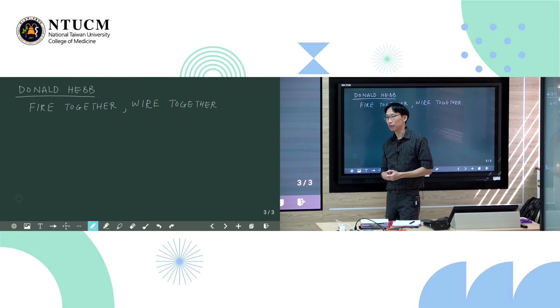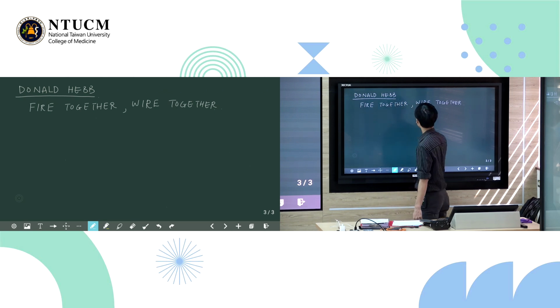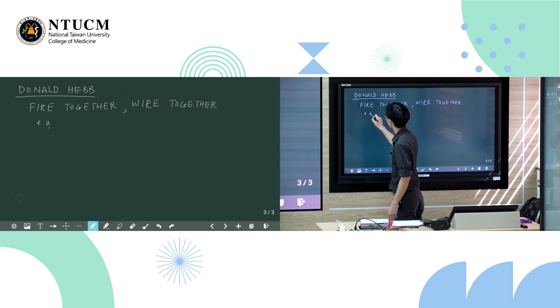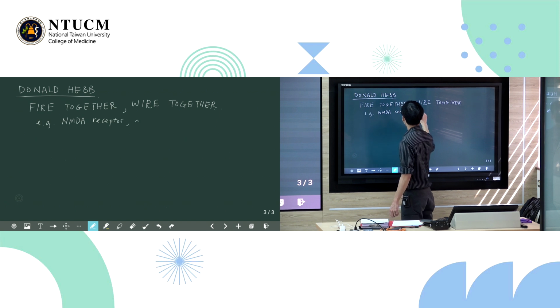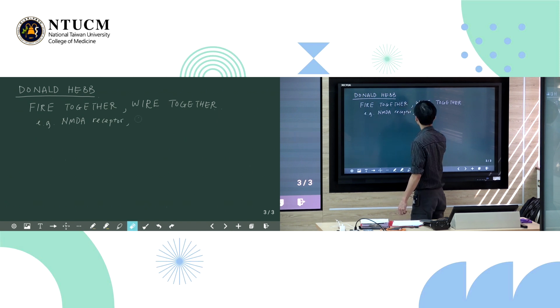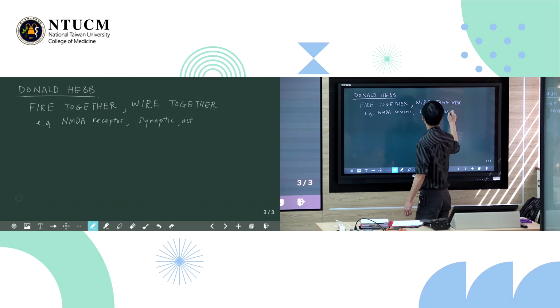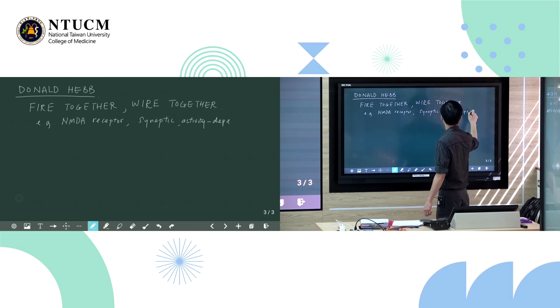And what Donald Hebb found, and this is in the NMDA receptors, is synaptic dependent learning.